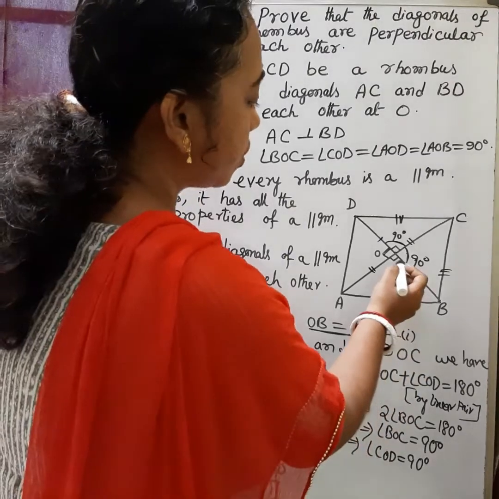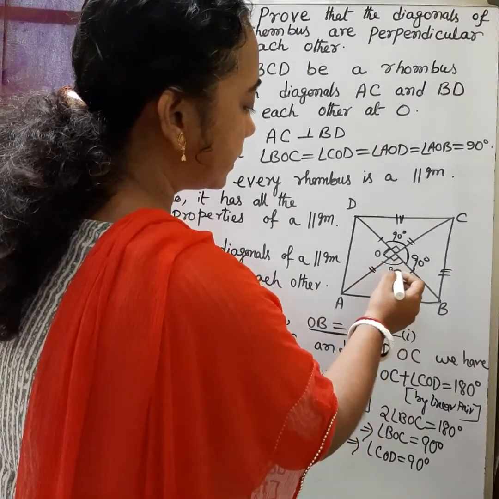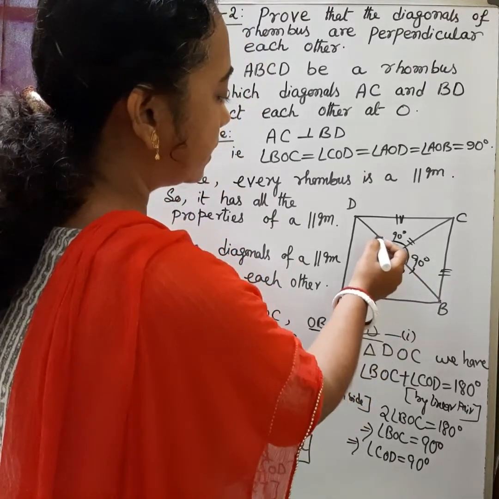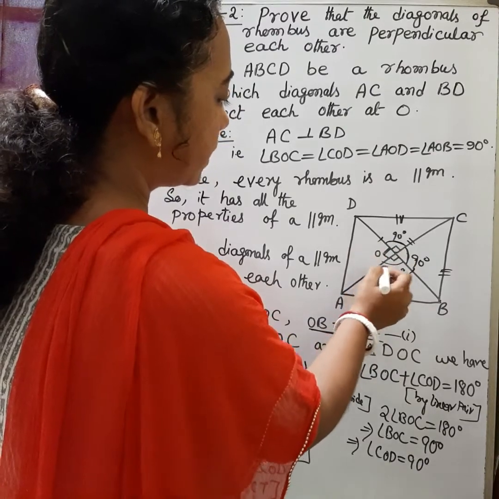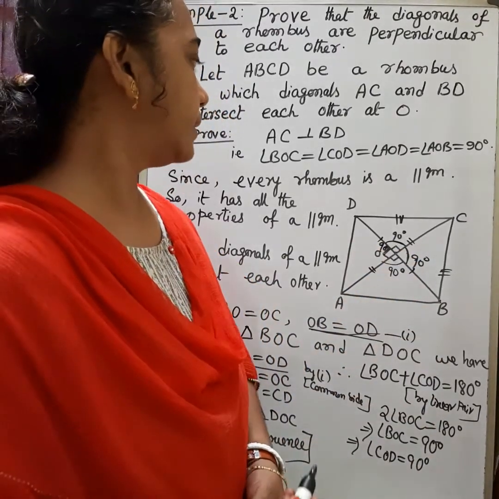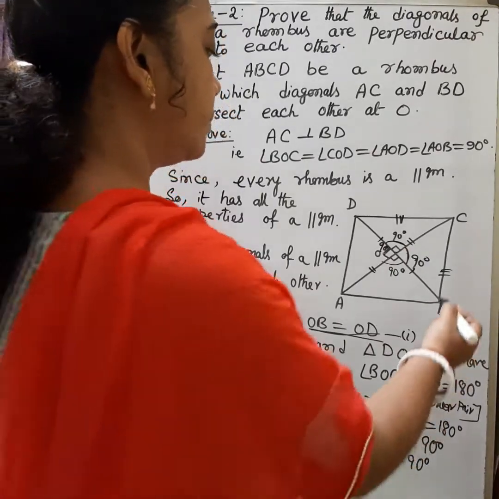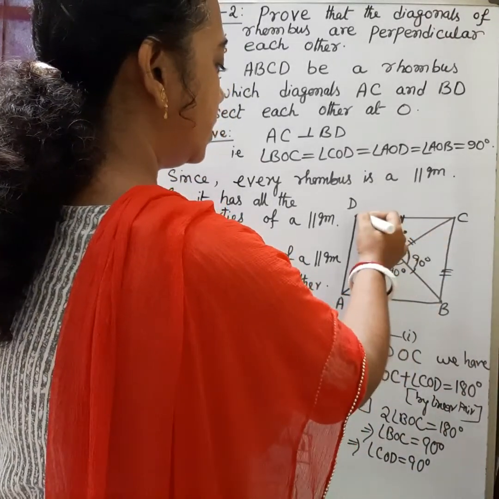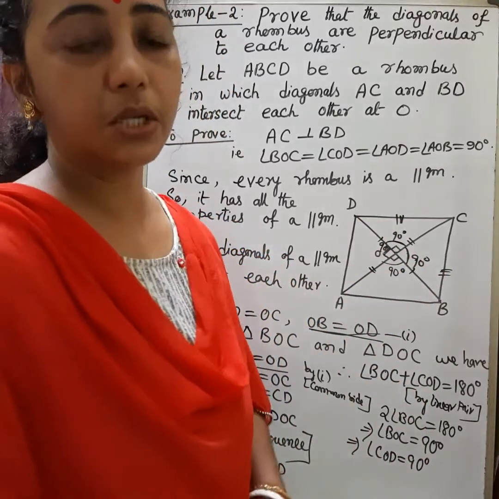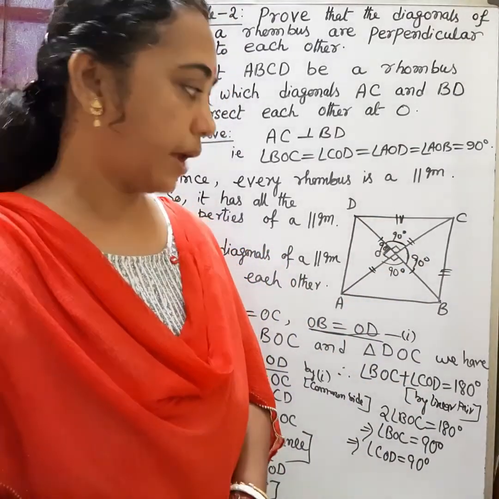So similarly we can also show that this angle is also 90 degrees, and by the same reason we can also show that angle DOA or angle AOD is also 90 degrees. So in this way we can say that angle BOC is equal to COD is equal to DOA is equal to AOB. Each angle is equal to 90 degrees or a right angle.